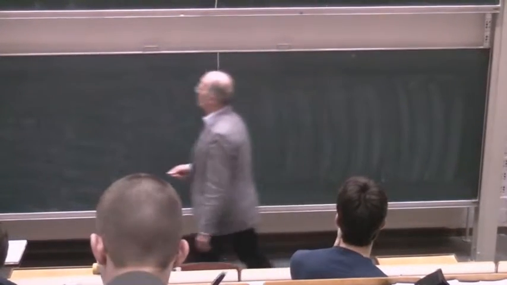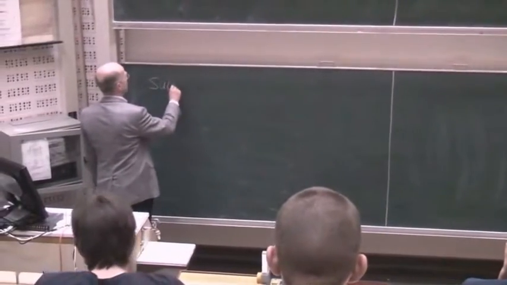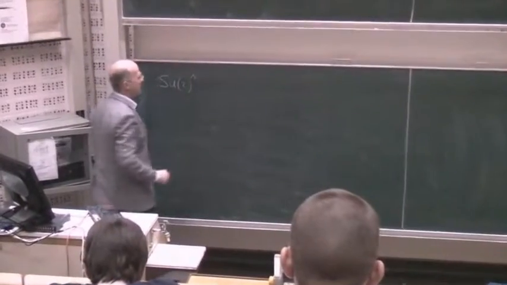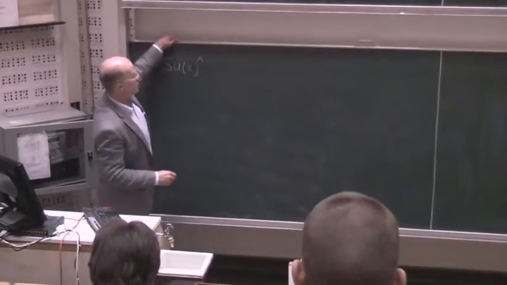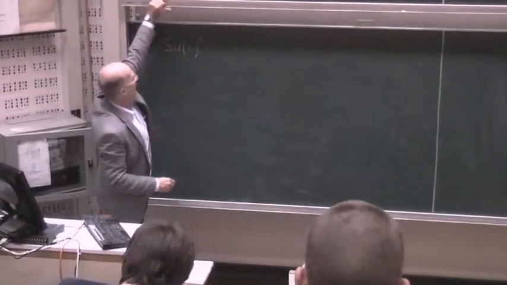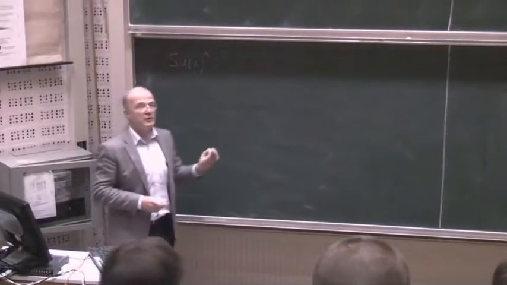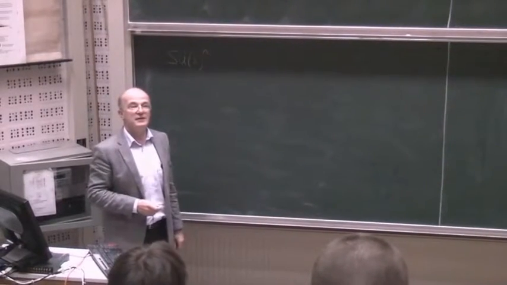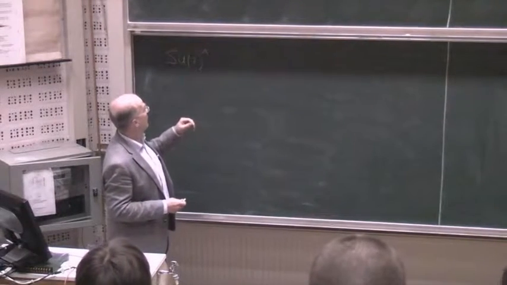Today we are going to look at the same problem again. So the classification of the equivalence classes of irreducible representations of SU2. And this time we're going to determine these equivalence classes.